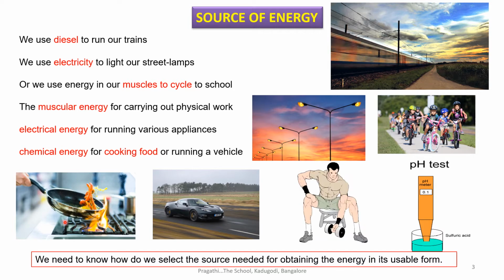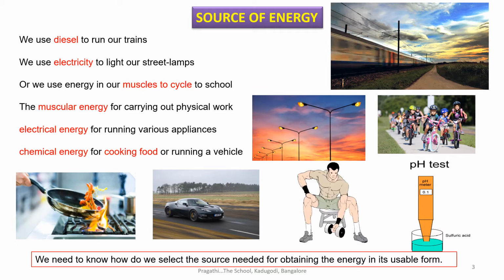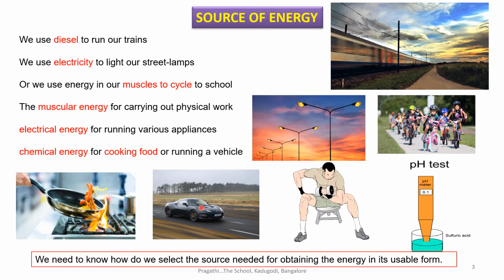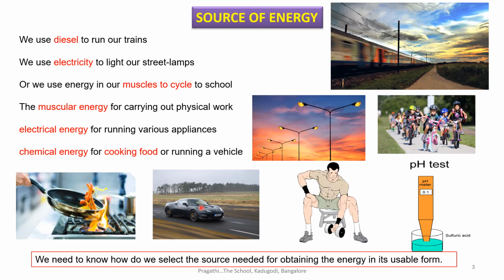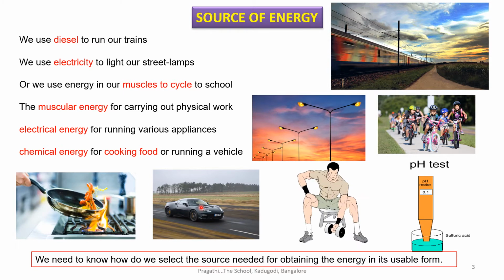And here you can see the cooking has been done. We are using a chemical energy for it, and we can see here a car which is running on diesel or petrol. Diesel or petrol is nothing but a source of energy, that is nothing but a chemical energy.